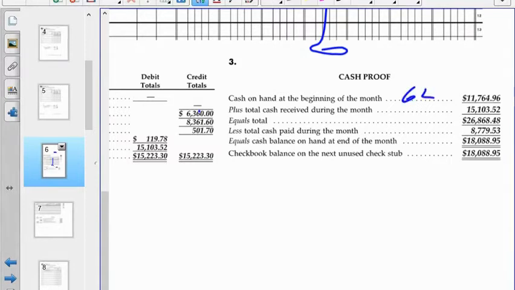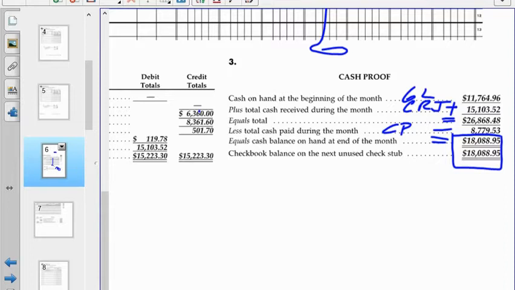General ledger number, cash receipt journal. Those two numbers added up equal $26,868.48. Subtract from my cash payment journal, and it equals $18,088.95. When the $18,088.95 equals what my checkbook says, now I'm feeling good about proving my cash.